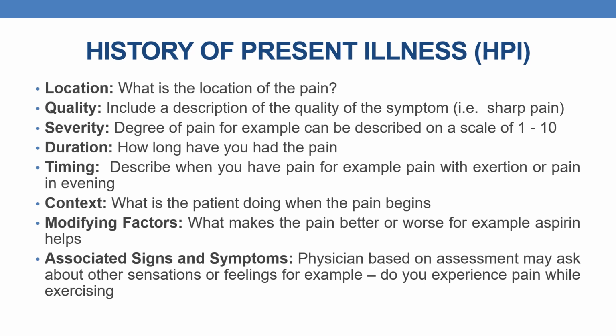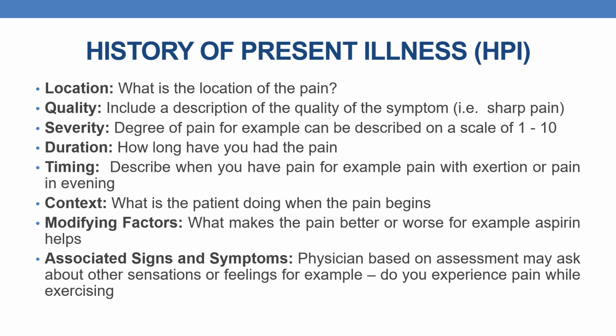In some cases, if the patient is having shoulder pain, lifting a heavy object further worsens the pain. Here lifting that heavy object is the modifying factor because of that the pain got worse. Modifying factors are the elements which make a particular condition better or worse. And the final element is associated signs and symptoms.